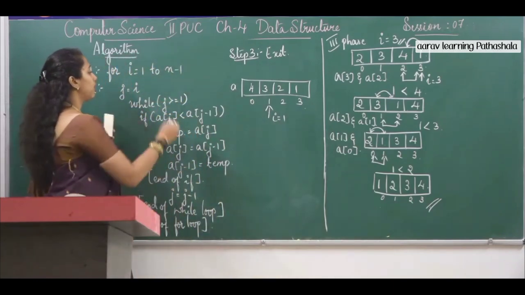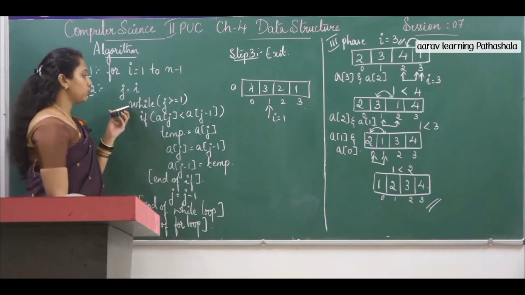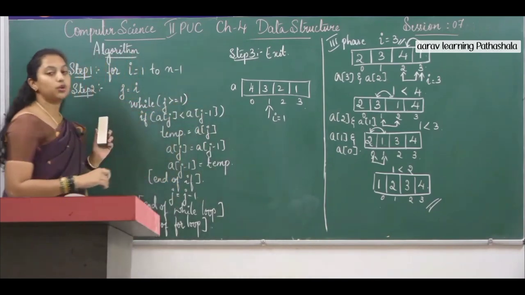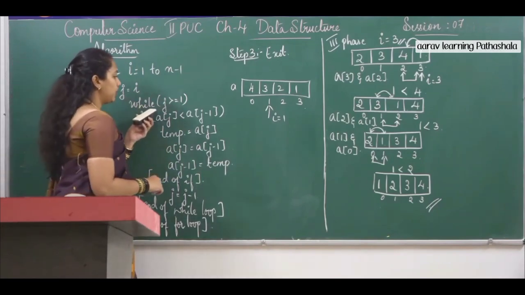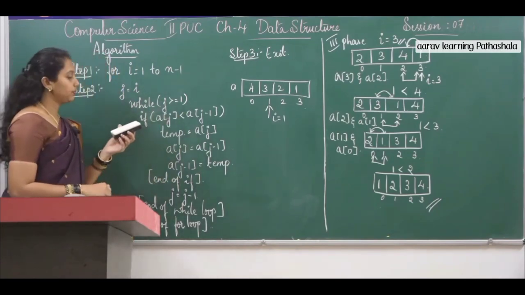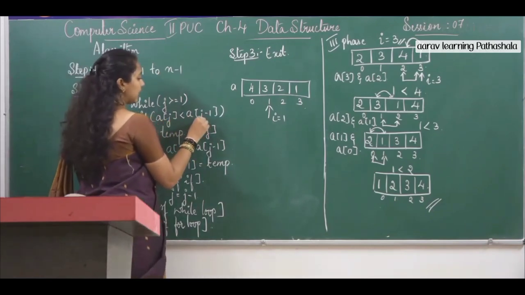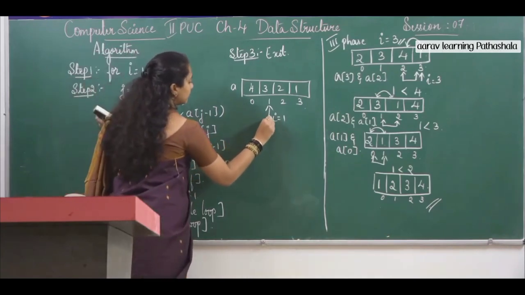I am going to store the value of I in the variable called j. Next I am going to check while j is greater than or equal to 1 or not. As the value of j is 1, the condition is true. So next I am going to check the condition, if a of j is less than a of j minus 1. So we are comparing these two positions.